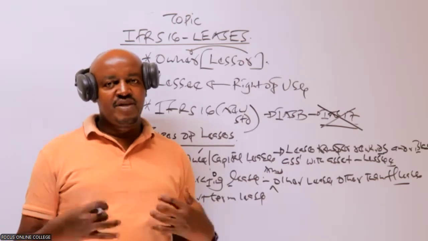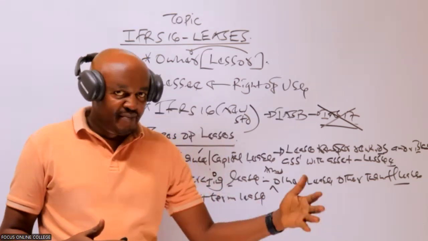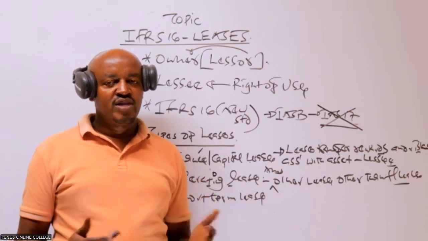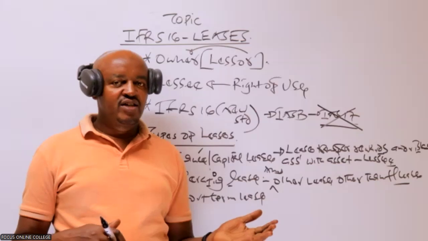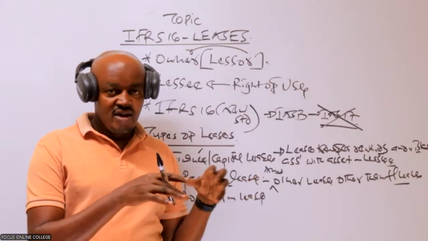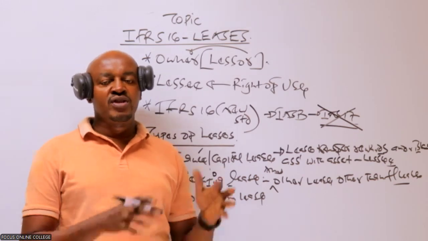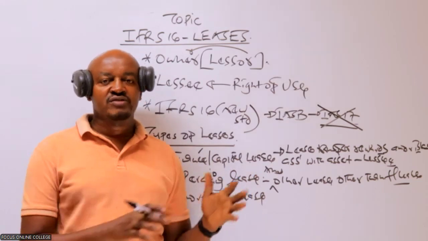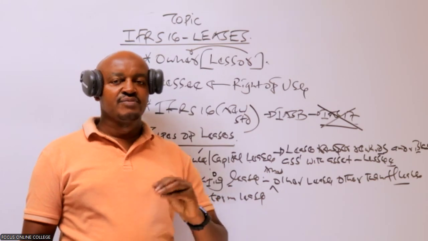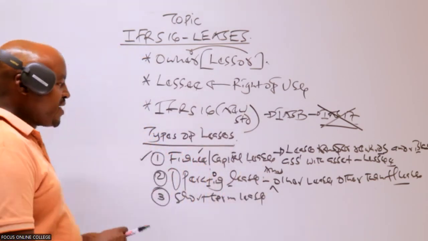It means that being the owner of the asset, you are deriving the economic benefit because you are the person who is collecting the rent. Number two, all the risks associated with the building remain with you. Despite having leased out that building, you have the responsibility to carry out maintenance work, and you also have the responsibility to ensure the building is insured. You have not transferred the risks and rewards associated with that asset to the lessee, despite having leased it out. So that is an operating lease.